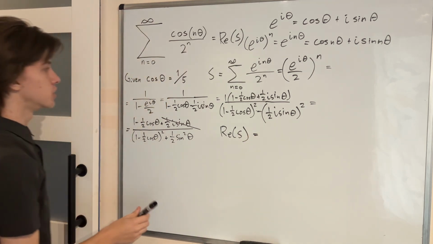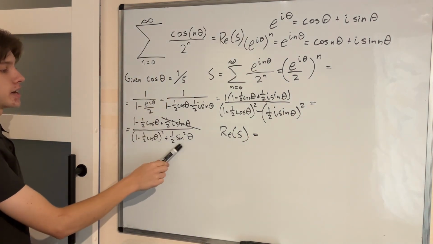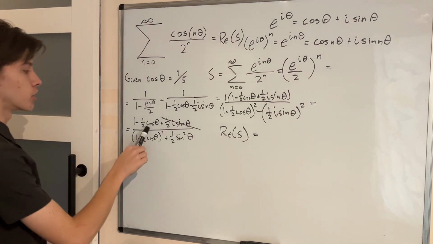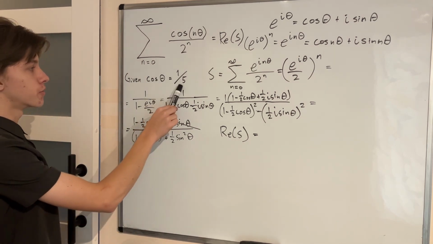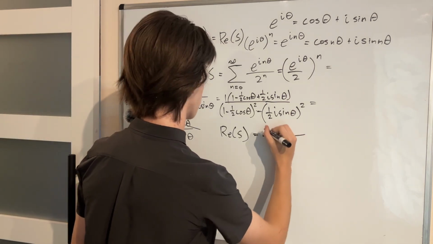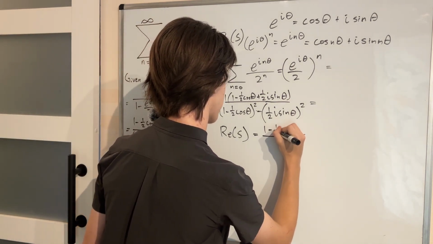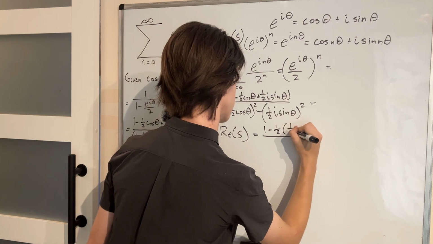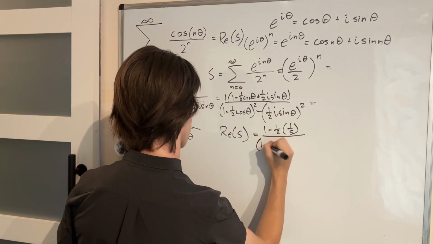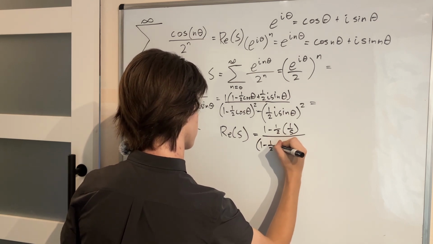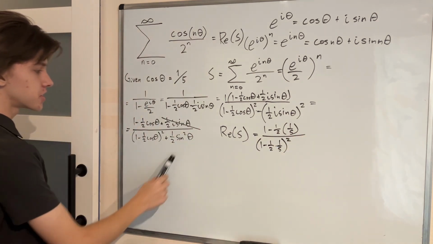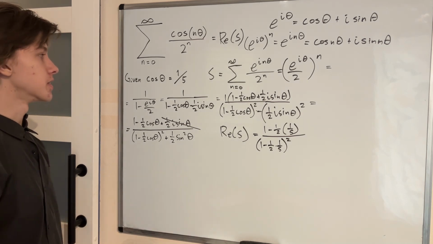and we can do that because we know the value of cosine of theta and sine squared of theta we can also find. So the real part of s, let's just look at this and substitute 1/5 everywhere we see the cosine of theta. It's going to equal 1 minus 1/2 times 1/5. All right, then it's going to be 1 minus 1/2 times 1/5, all quantities squared. And then sine squared of theta, well, we can easily derive that.